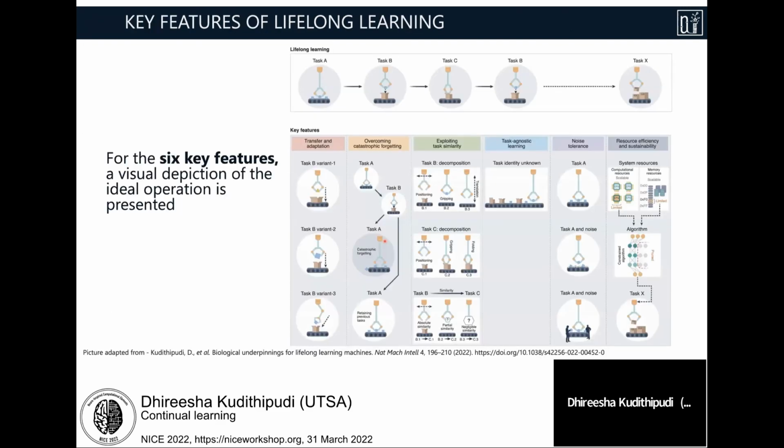So I'll give you a quick walkthrough on the key features we identified in this article as the features that are required to design a lifelong learning machine. The cartoon here on the top is showing a lifelong learning agent that encounters an unpredictable stream of training episodes.